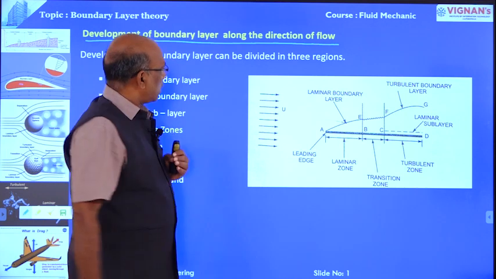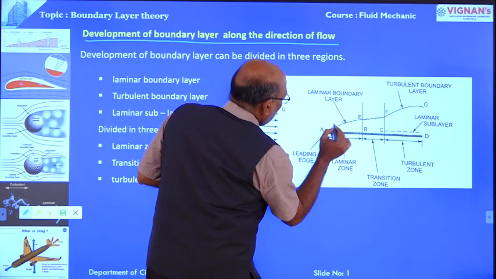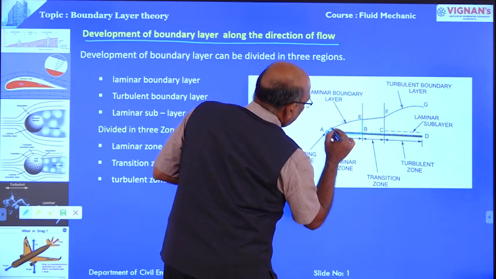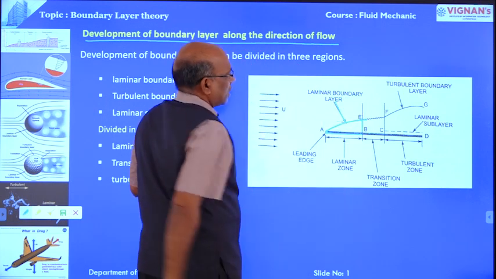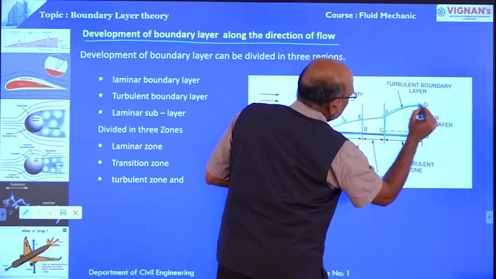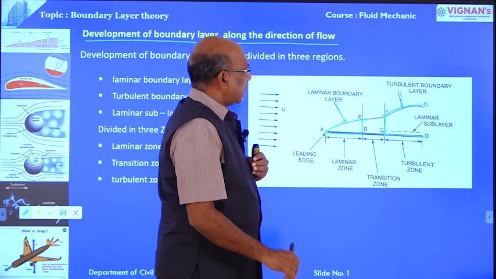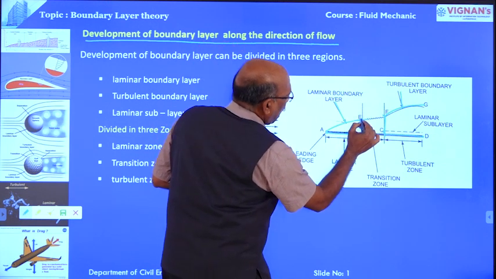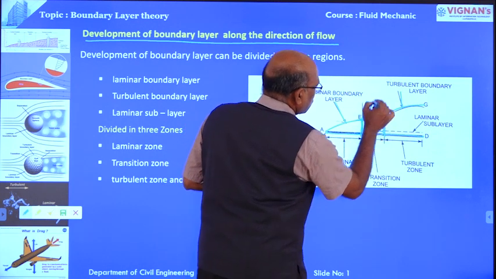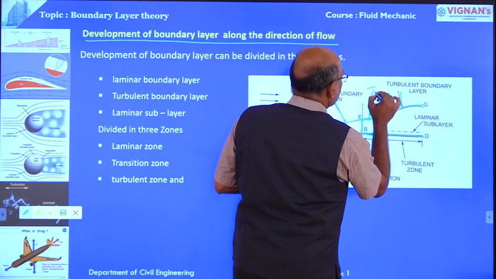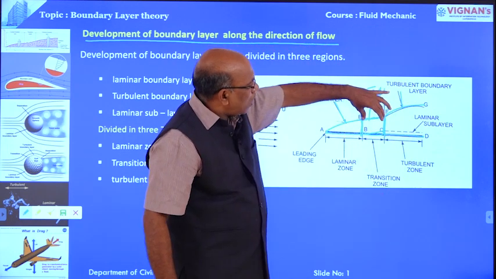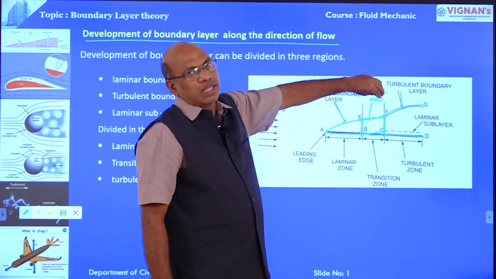From this point to this point, this is the laminar boundary layer. From this point to this one, this is the turbulent boundary layer. In between we have a transition zone, also known as the transition boundary layer. This is very small, therefore it is neglected in our calculations.